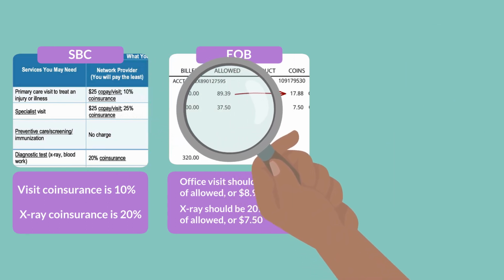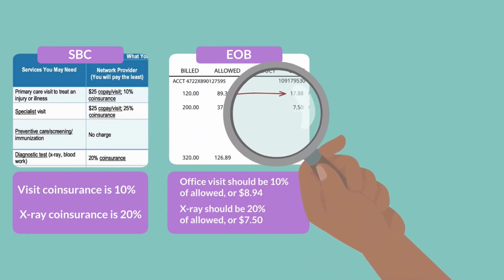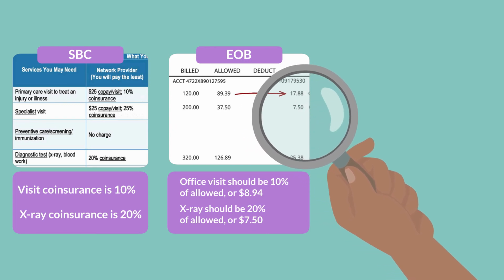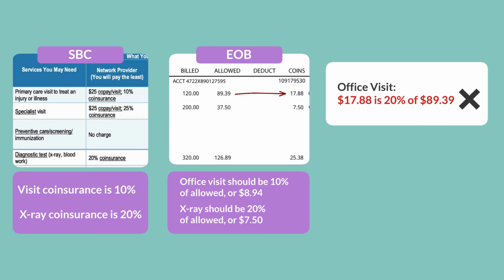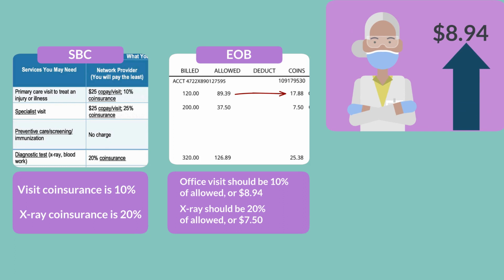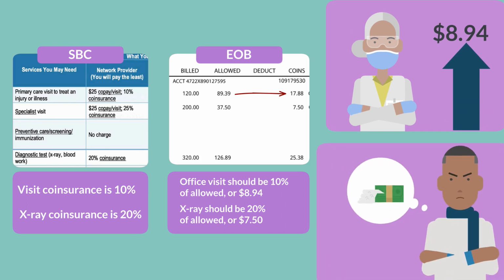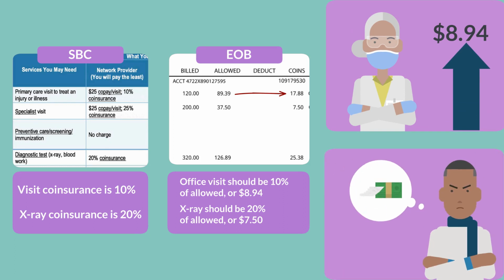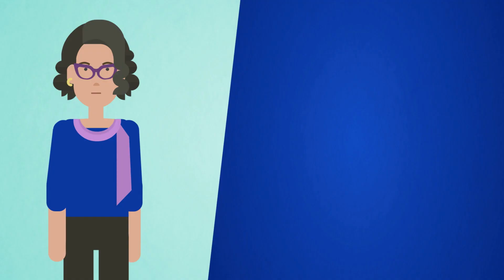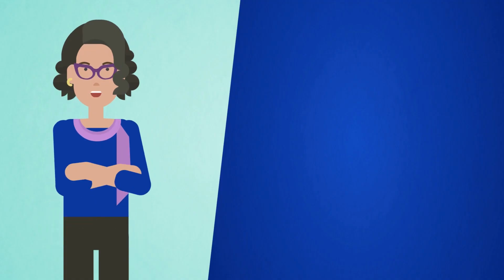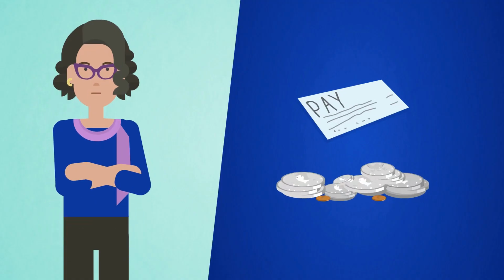However, in examining Robert's EOB, it appears that he was charged 20%, $17.88, coinsurance for his office visit, when it should have been 10%, or $8.94. This means that Robert's insurance should have paid $8.94 more to his provider, and that Robert owed $8.94 less. In this case, the difference in real dollars is relatively small.